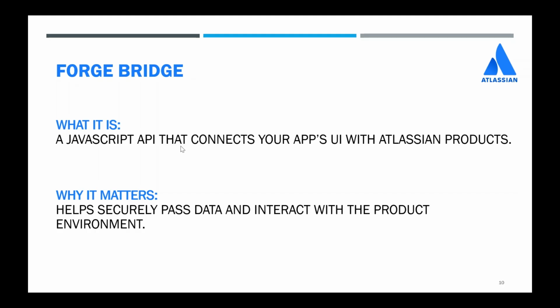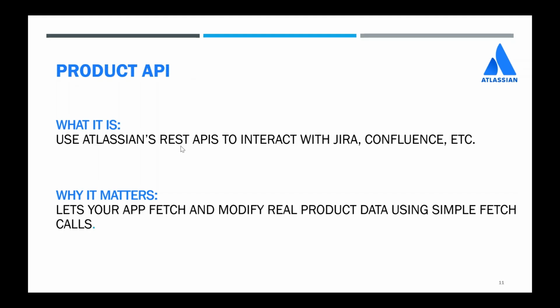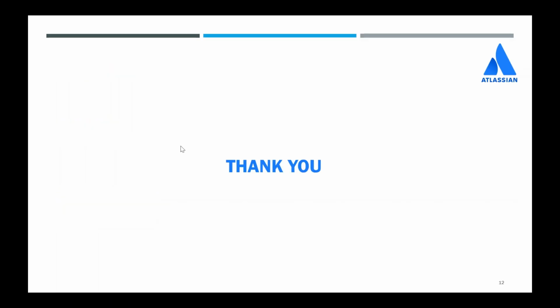It helps securely pass data and interact with the product environment. What are the product APIs? Product APIs use Atlassian's REST APIs to interact with Jira, Confluence, etc. Why it matters? It lets your app fetch and modify real product data using simple fetch calls.